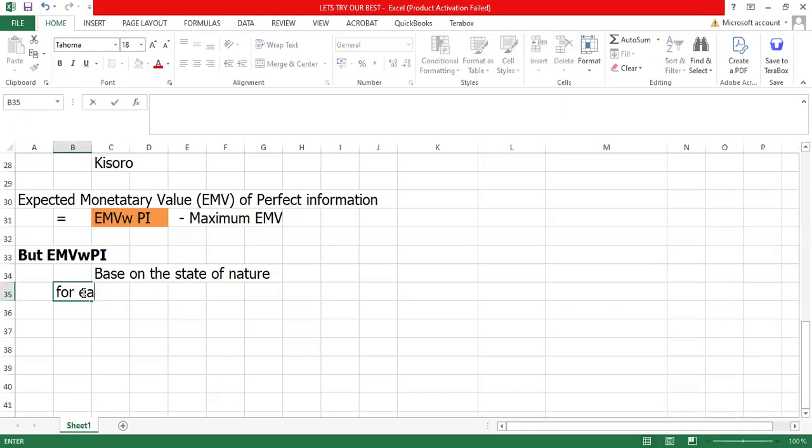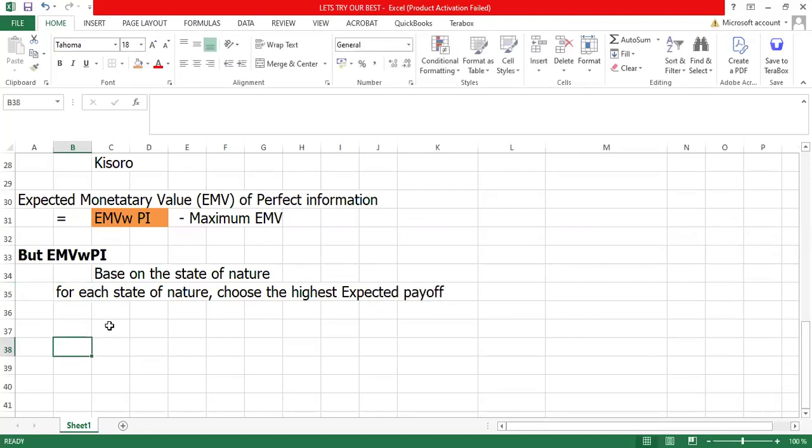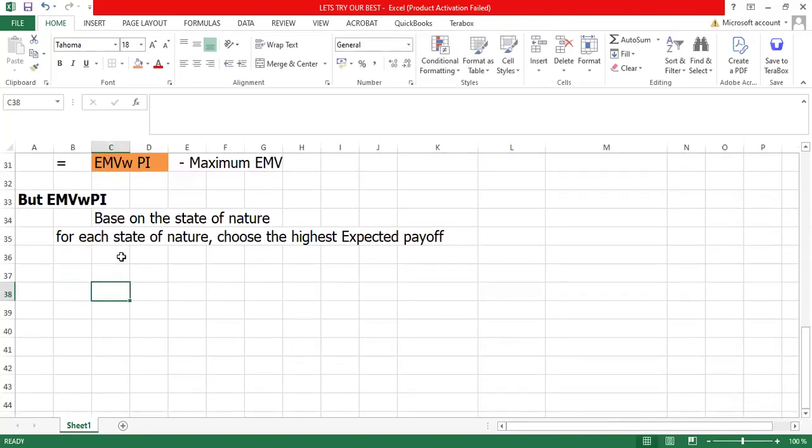For each state of nature, choose the highest expected payoff. For each state of nature, choose the highest. How many states of nature do you have in this question? 3.